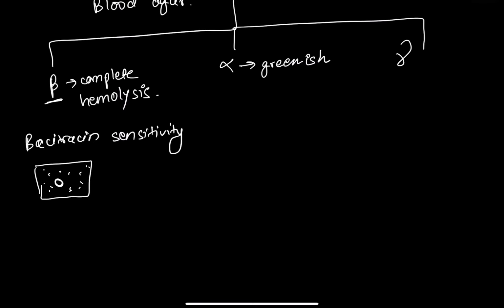If the organism is sensitive to it, then there will be a zone of clearance, and if the bacteria are not sensitive, then that bacteria will grow up to the edge of this disc. So the bacitracin sensitive organisms are group A beta hemolytic streptococci, for example Streptococcus pyogenes, and the resistant ones are group B beta hemolytic streptococci, for example Streptococcus agalactiae.